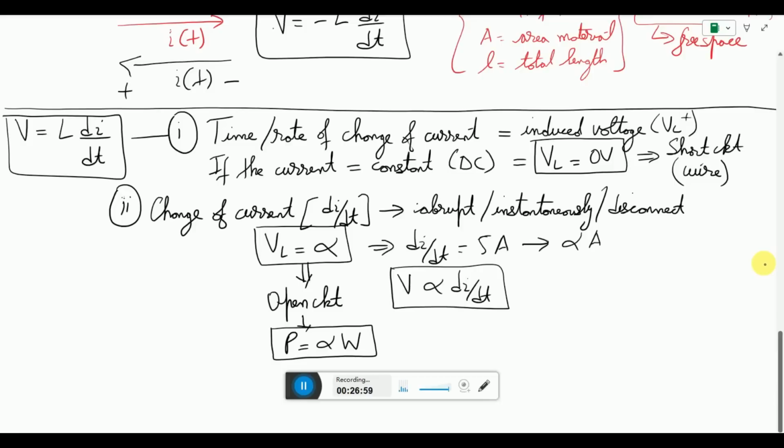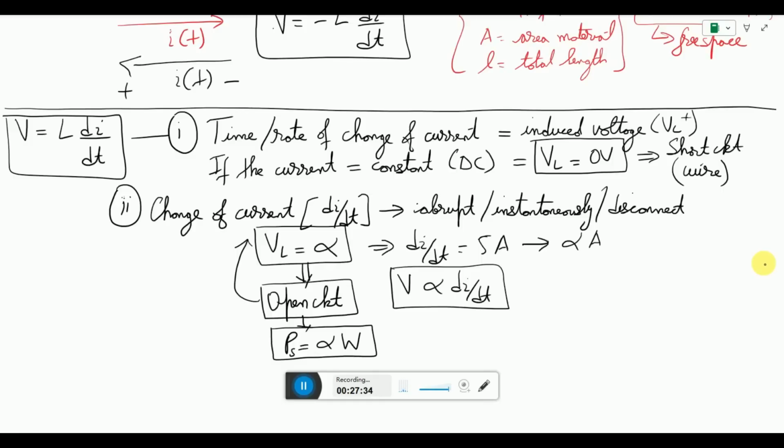So please remember the second condition, that inductors do provide the induced voltage by the change of current, but the change of current shouldn't be instantaneous or abrupt. It should gradually change its value so that we can get the induced voltage. If we don't do this, we are going to create an open circuit condition, which means the voltage will be infinite, and to have this infinite voltage, we are assuming the power is infinite, and it is not possible. Practically, we don't have an infinite voltage source.